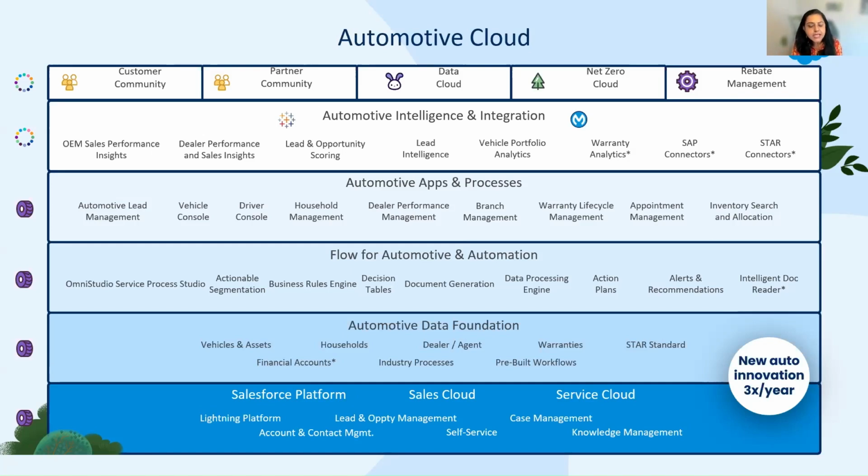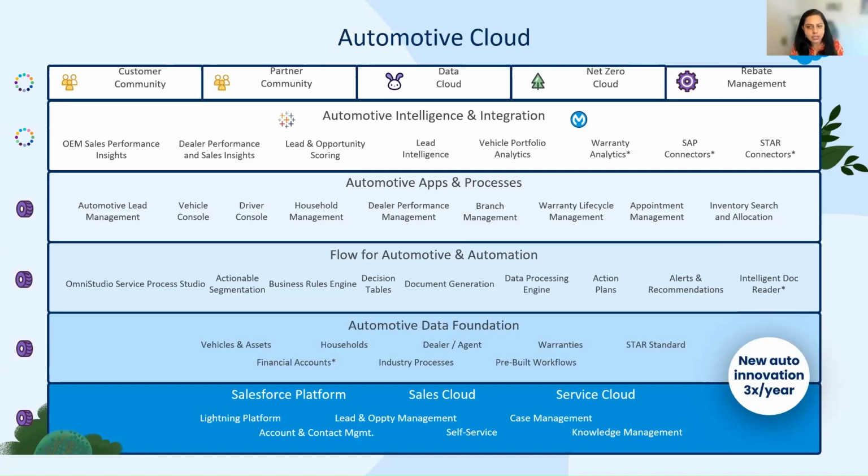But things like the sales performance of the dealer, the OEM, how do you look at the lead and the opportunity? How do you score it so that you're only looking at very relevant leads that might actually convert to opportunities? Vehicle portfolio analytics, warranty analytics. Those with stars are in our roadmap, meaning in the next few releases, they will be part of our Automotive Cloud offering.